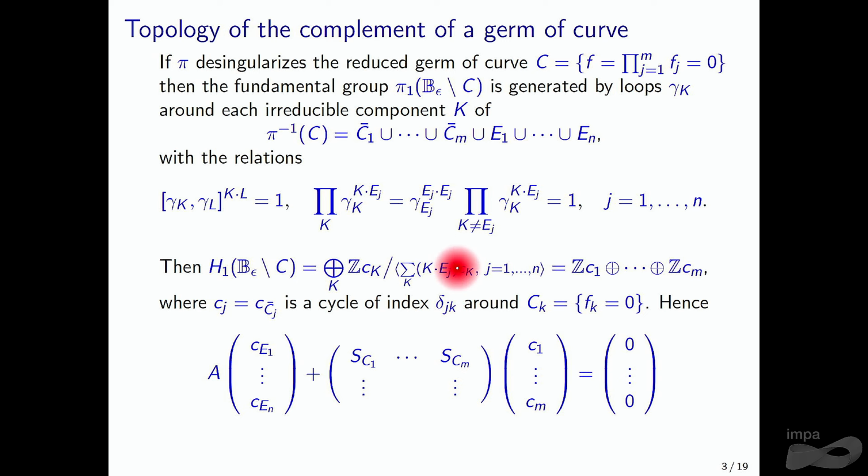We write these relations in additive form, and we denote by C the cycles on each component, and then we can present the homology group as saying that the cycles around the irreducible components of the exceptional divisor can be expressed in terms of the cycles around the curve itself.